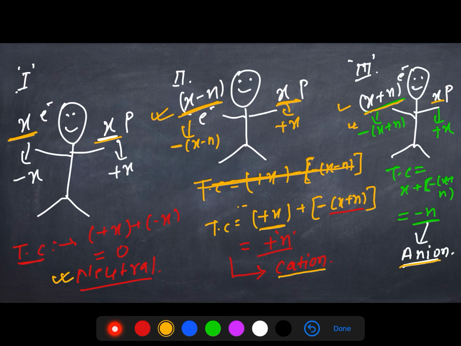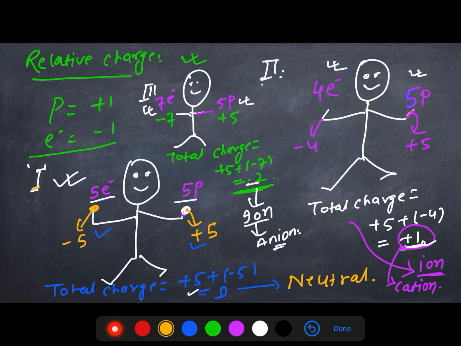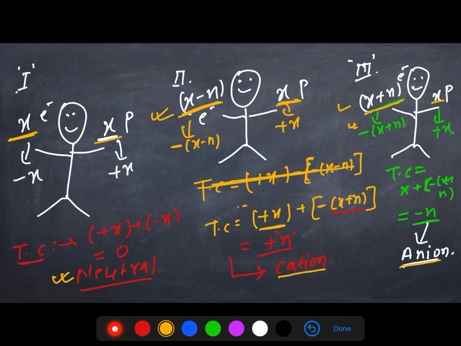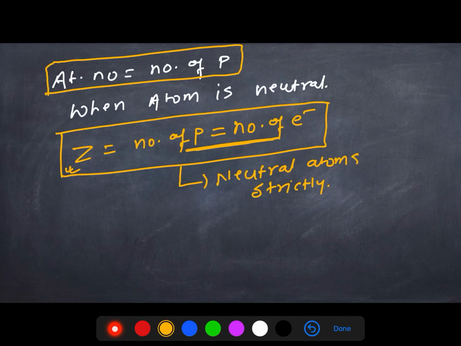In one case, the number of electrons is lesser than the number of protons. In the third case, the number of electrons is more than the number of protons. We saw it in the previous page also, right? Here also we saw, when you had 4 electrons and 5 protons, that means an unequal number. The protons and electrons are not equal in number. They form an ion. In this case also, when the protons and electrons are not equal in number, it becomes an ion, right? What type of ion it becomes, we will discuss soon.